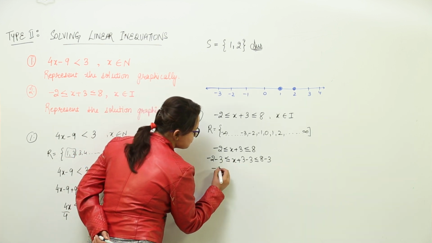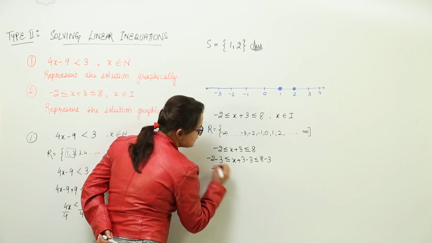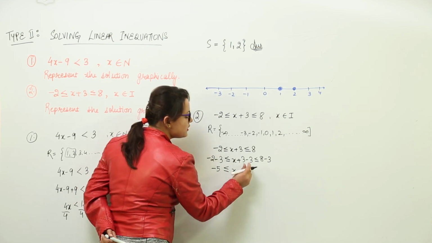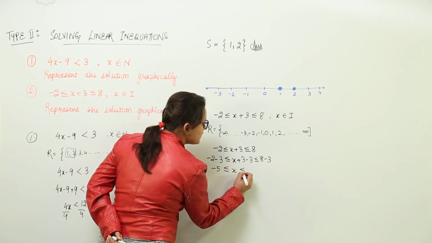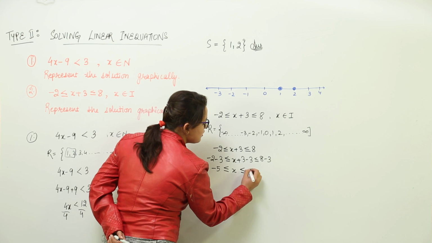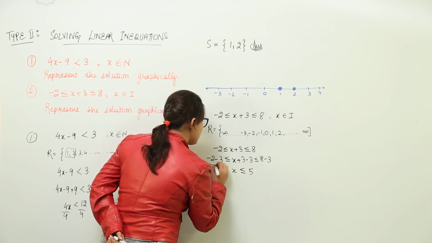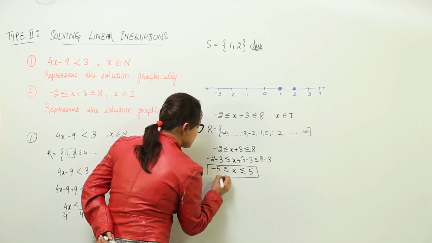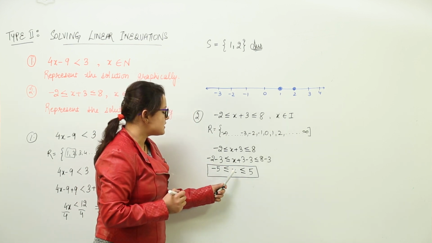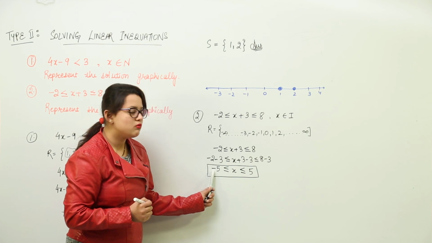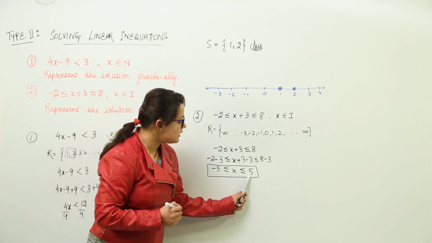Here we get minus 5 less than or equal to x only, and on the right-hand side we have 5. So now I am left with x, such that it is greater than or equal to minus 5 and less than or equal to 5.